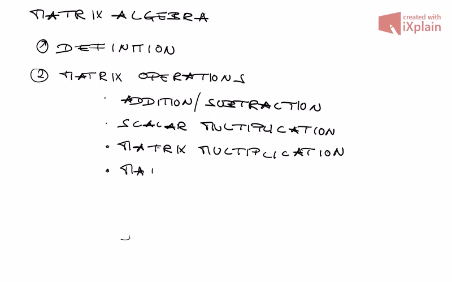Then I will tell you, at least conceptually, what matrix inversion is. And we close on matrix transposition. So these are the things that I want to familiarize you with. And we start with the definition of a matrix.